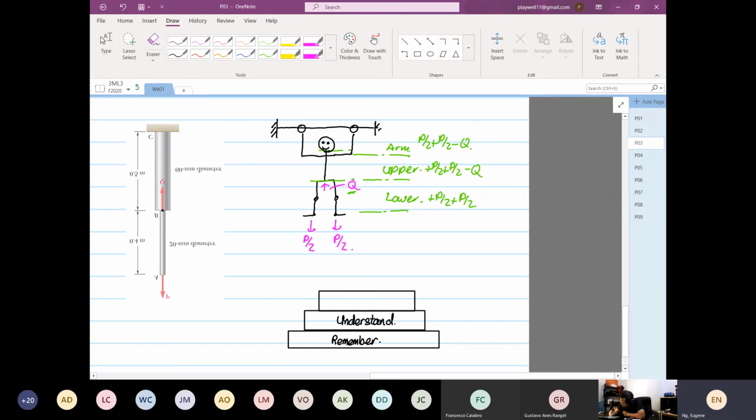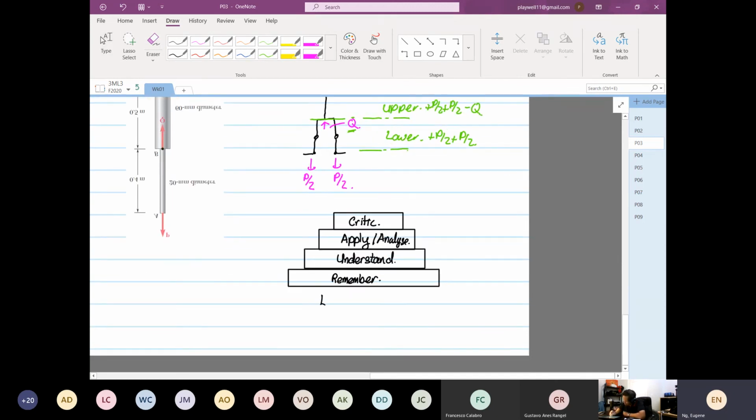And then the next one, you have to apply. And then the next one is you have to analyze. And then you have to critique. So this is education. The longer the bar, the more time is required.